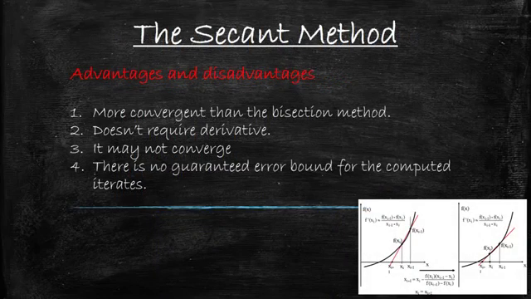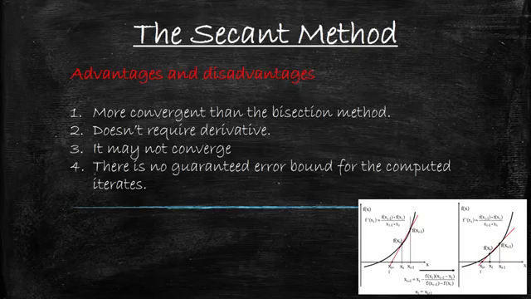The secant method. There are so many advantages and disadvantages of secant method, but I will tell you about some of them. It is more convergent than bisection method. It does not require a derivative, as we have seen in Newton-Raphson.